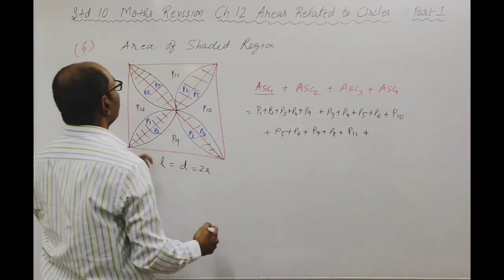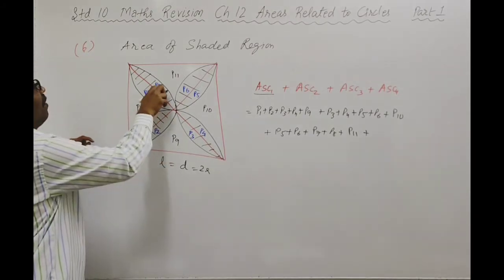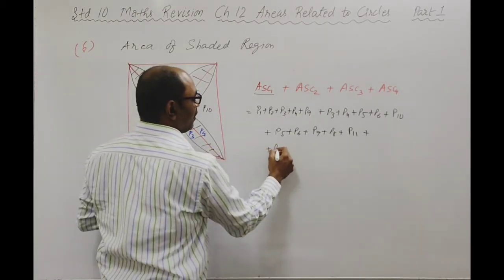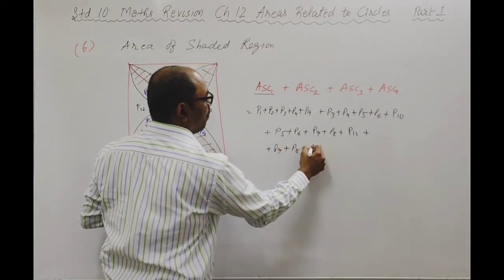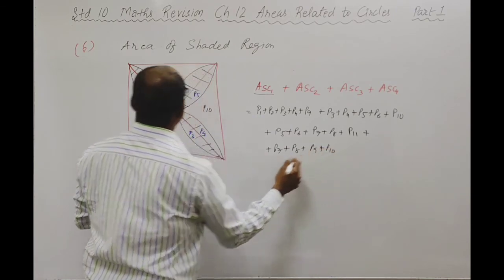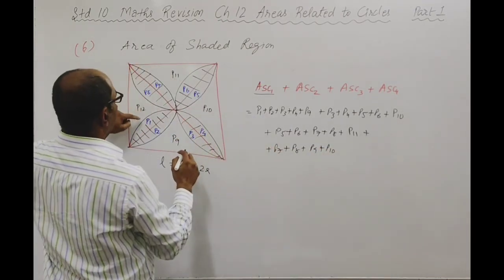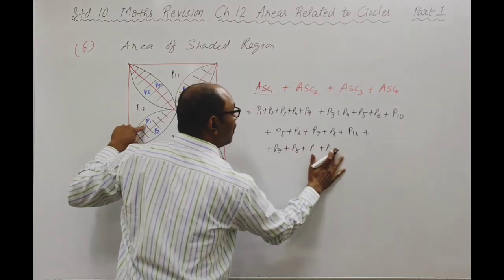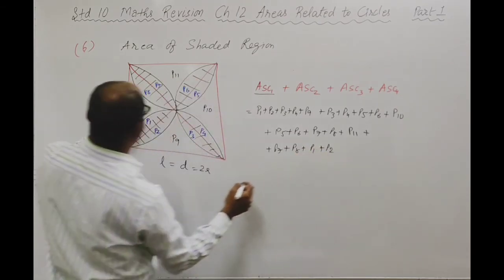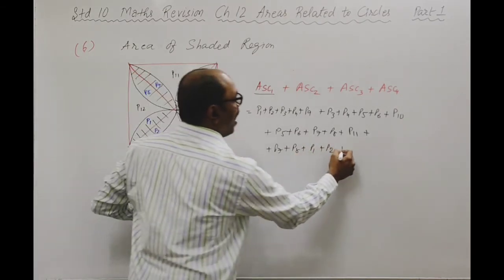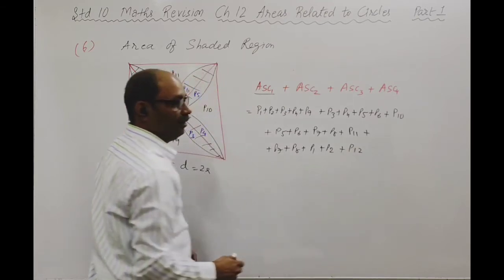And the fourth one: part 7 plus part 8 plus part 9 plus part 12. Part 7, 8, 1. Yes, it will be part 1 plus part 2 plus part 12.